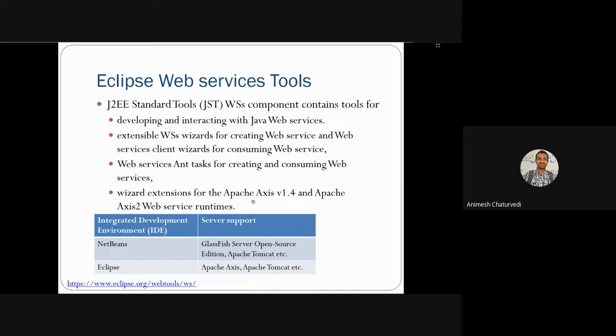Basically, Axis is the web server which deploys that web service, and it keeps on running and monitoring. The server has hardware infrastructure as well as an operating system, and above that operating system you have middleware and platforms like Apache Axis. So there are various types of servers that are supported.